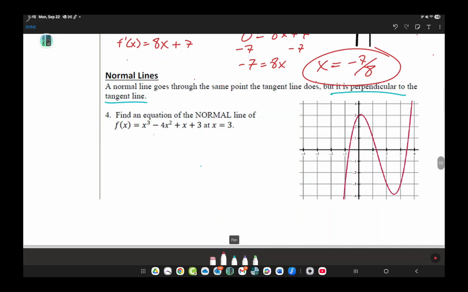So first we're going to find the coordinate. We know 3. What's the value for 3? 3 is at what? Negative 3. So there's our coordinate. This would be, again, a tangent line. So this is tangent. A normal line would be perpendicular to that.